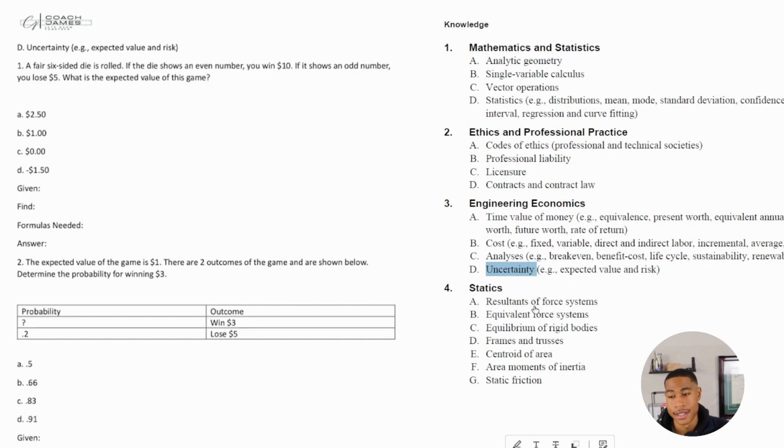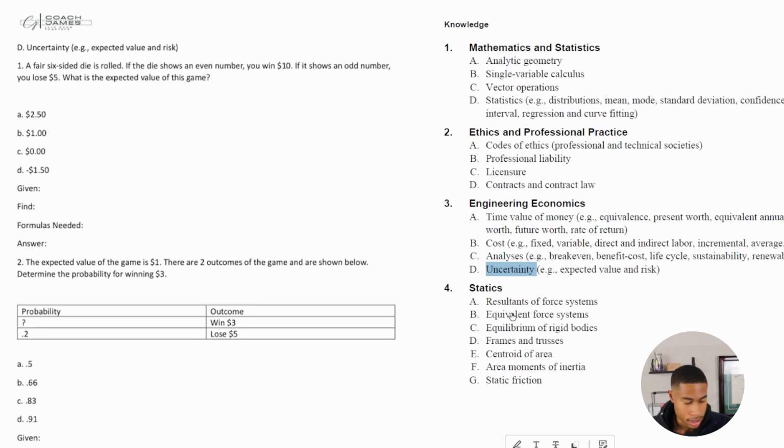We're going to be looking at some expected value and risk when it comes to making decisions with anything. And so you're going to see some practice problems on this stuff. So let's go ahead and dive right in.